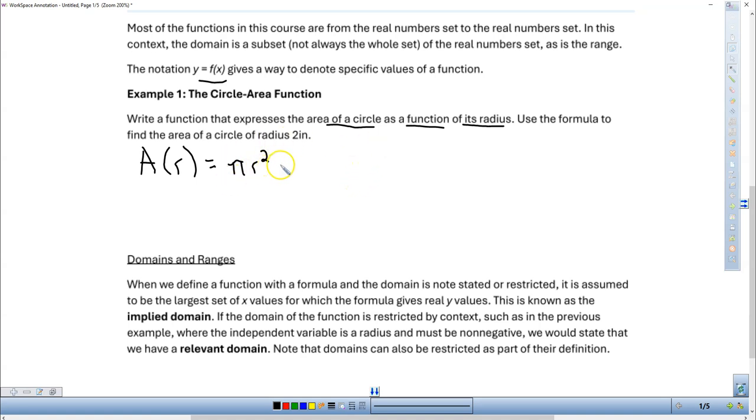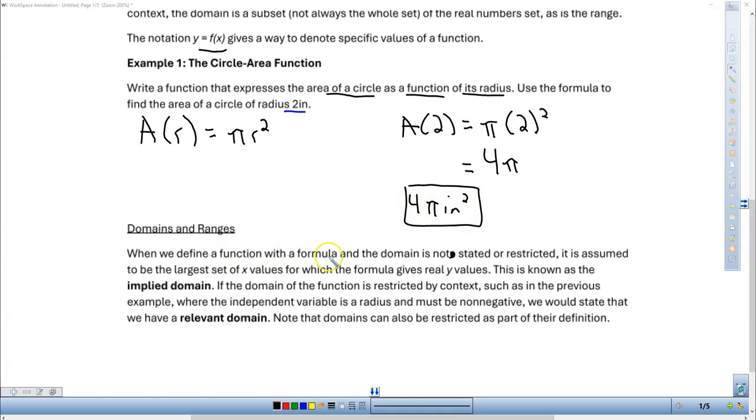Now that we have that function written, we can use it to find the area for a circle with a radius of 2 inches. If we plug that in, the area for a value of 2 is equal to pi times 2 squared, which means the value should be 4 pi. Of course, we wanted to express this in units, so we could say that our answer is 4 pi inches squared.